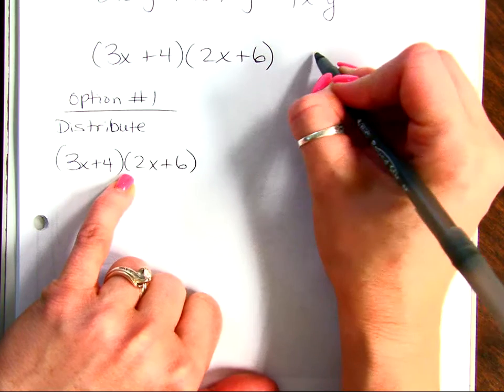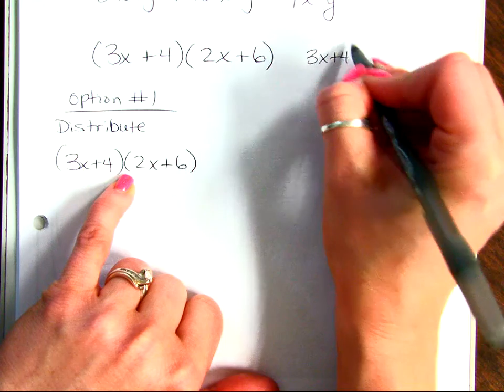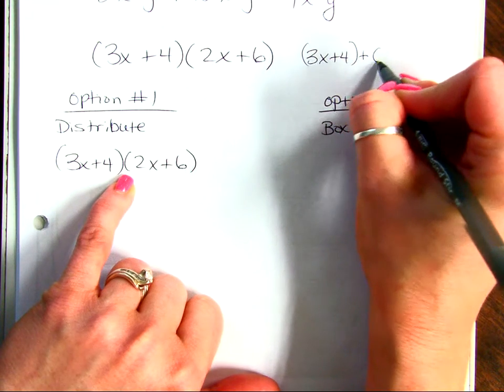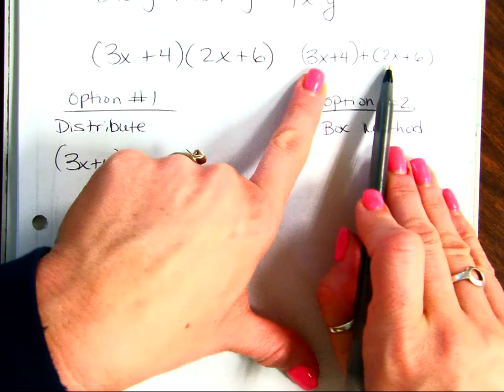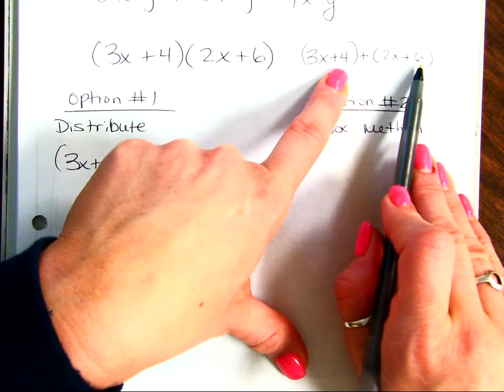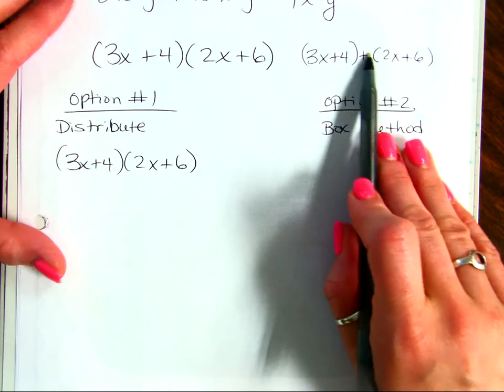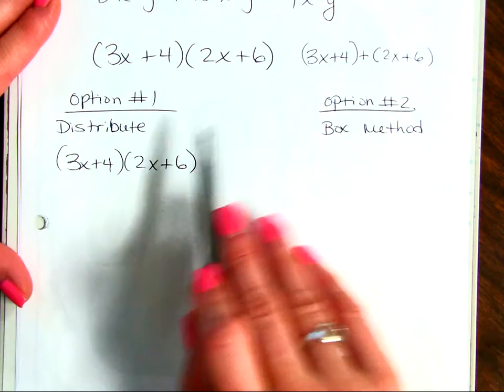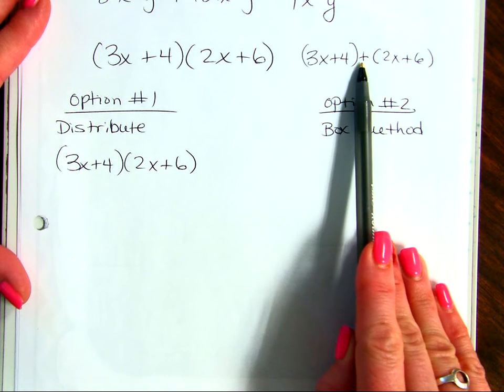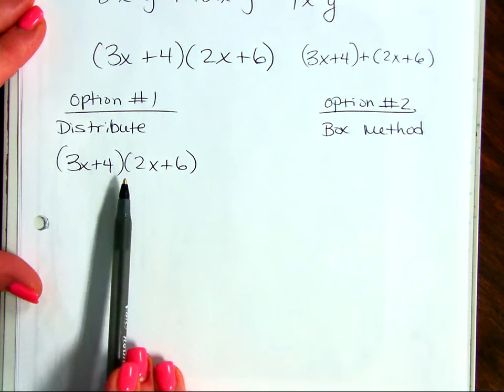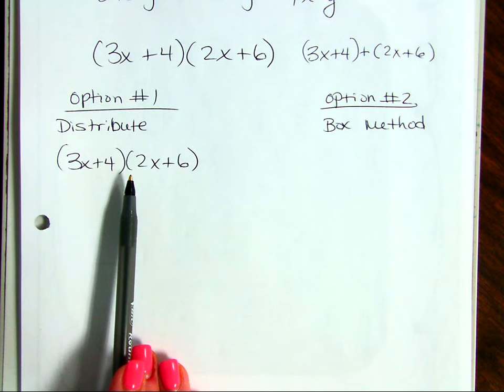So if I had 3x plus 4 and then a plus 2x plus 6, you would add them, right? This answer would be 5x plus 10, right? Without that little sign there, because that could look really similar. Be very careful. If there's an addition or subtraction sign in the middle, you have to do it one way. This is a totally, totally different method, okay?